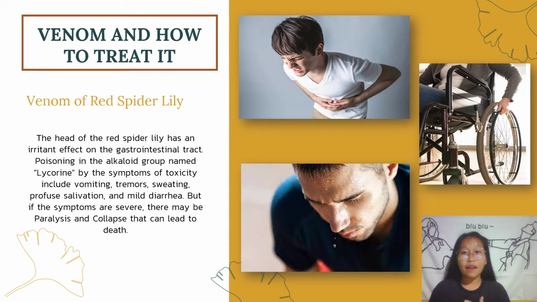Poisoning is from the alkaloid named lycorine, and the symptoms of toxicity include vomiting, tremors, sweating, profuse salivation, and mild diarrhea. But if the symptoms are severe, there may be paralysis and collapse that can lead to death.